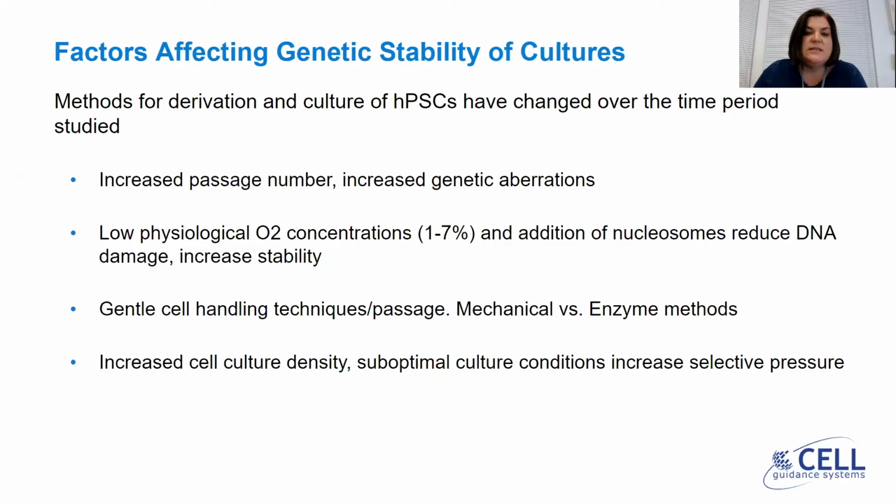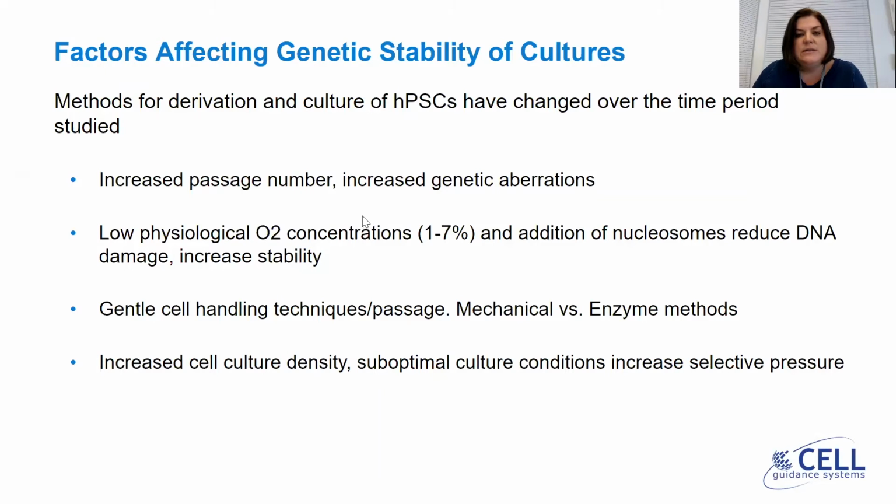For instance, for disaggregation or passaging methods, mechanical methods are generally considered gentler than enzyme methods. Increased cell culture density, suboptimal culture conditions, and increased selective pressure matter too. And what we know is that chromosome changes are basically considered a response to increased selective pressure.